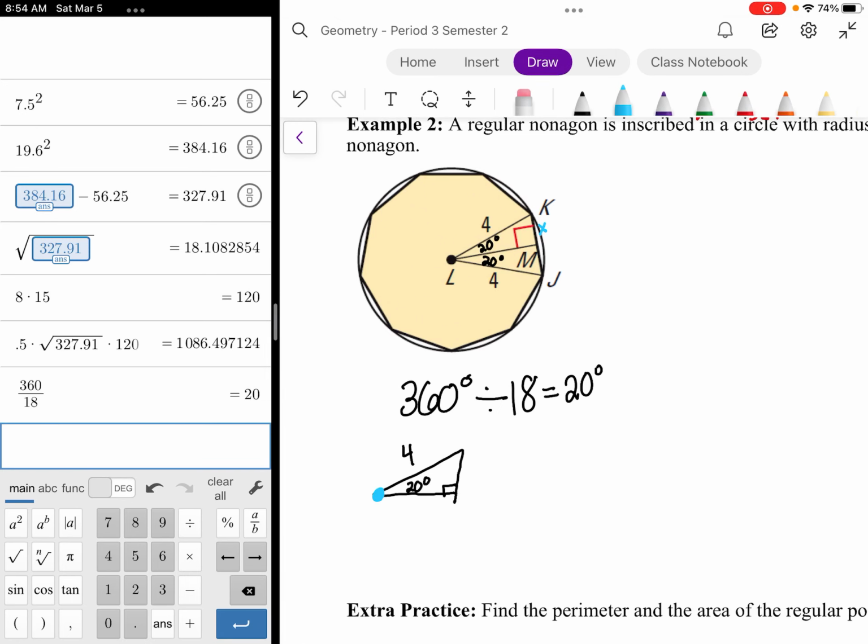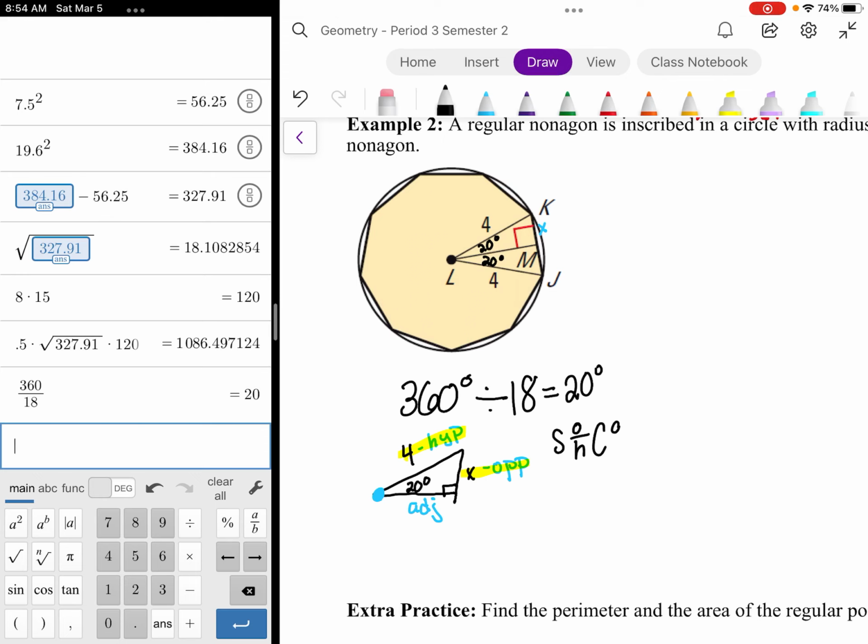So we're looking for this value of x, which is the opposite side, and we know the hypotenuse, and this would be our adjacent. When we're doing this, we're going to use our opposite and our hypotenuse, which from SOHCAHTOA would be our sine function.